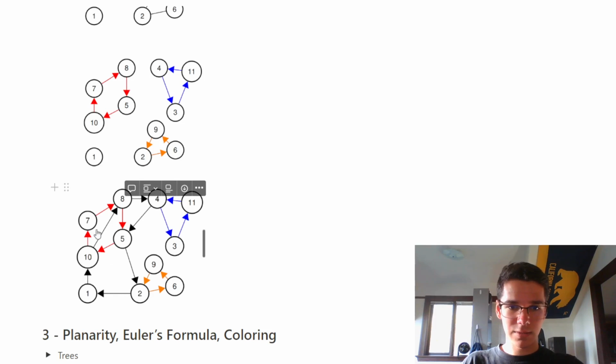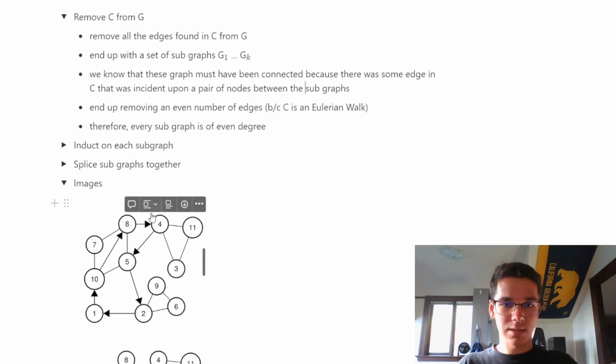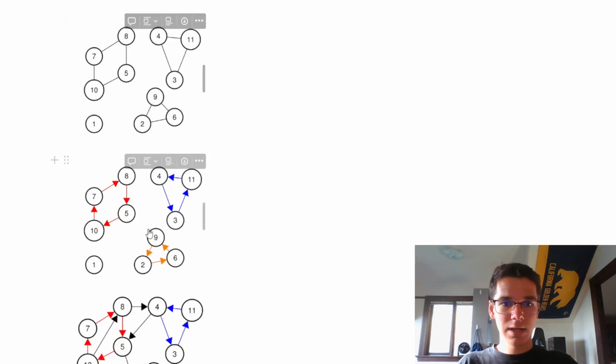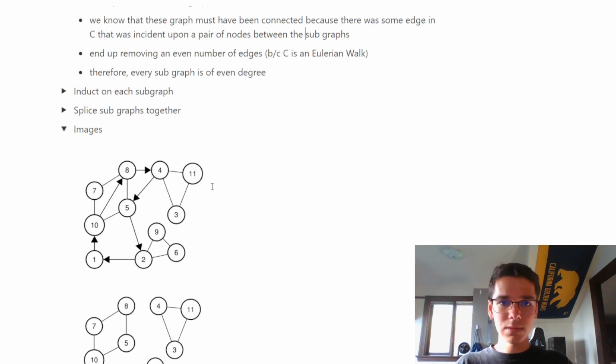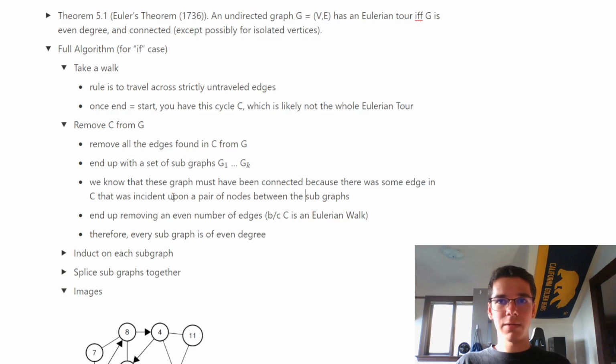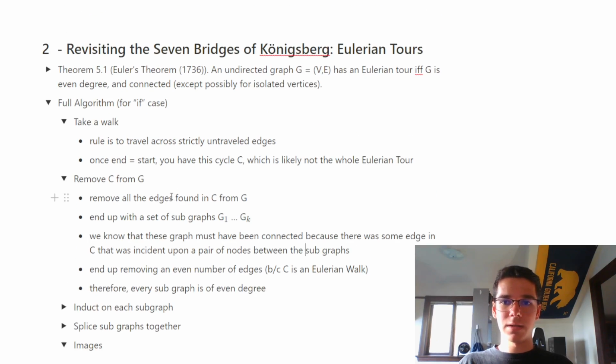So notice how this black traversal right here is the same as this black traversal right here, and we're connecting this red subgraph first at this point right here. Okay, so that's how we algorithmically determine if there is an Eulerian tour in a specific graph.